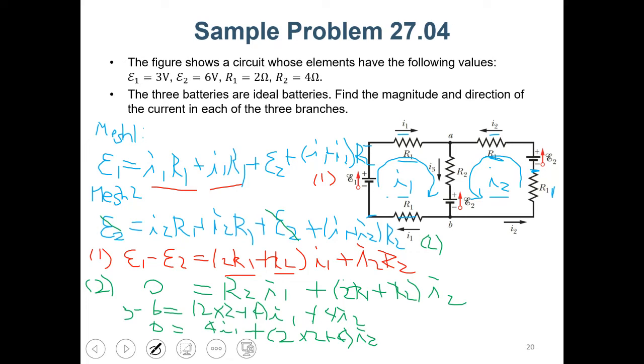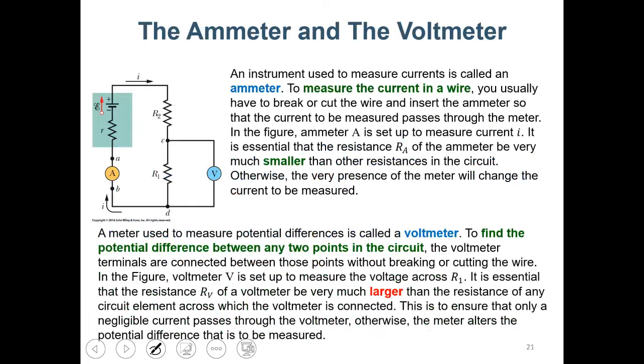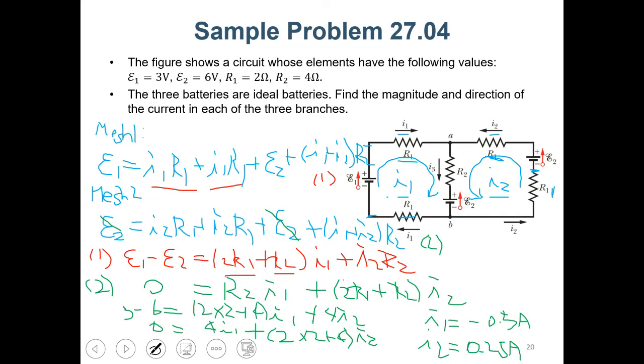And then finally, you can find that I1 is actually minus 0.5A and I2 equals 0.25A. Okay. So actually, you can find I1 and I2. So our I1 matches this I1 and I2.